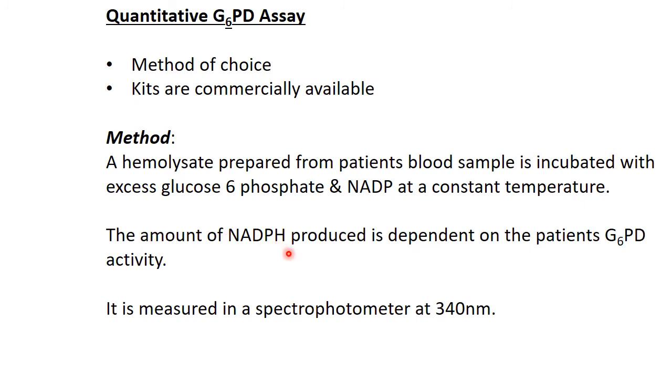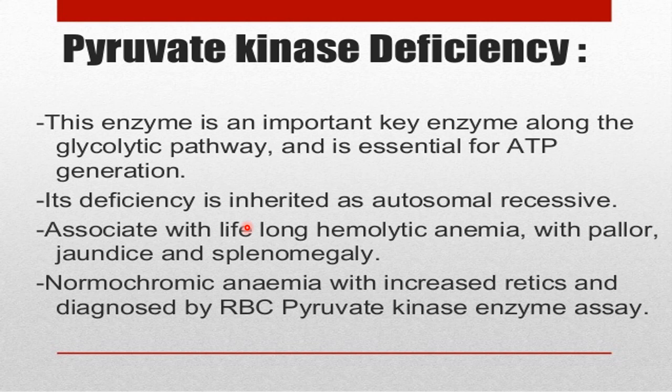The amount of NADPH produced is dependent on the patient's G6PD activity. This activity is measured in a spectrophotometer at 340 nanometer. This is quantitative G6PD assay. With that we finish with the G6PD deficiency.